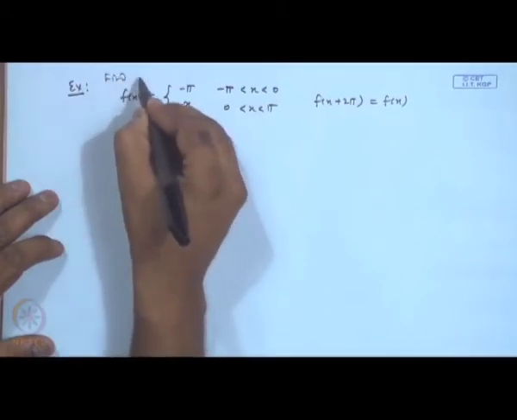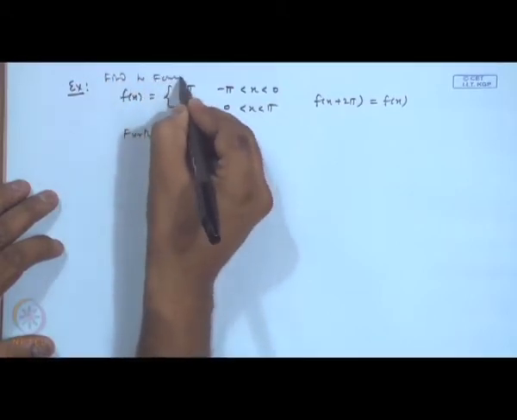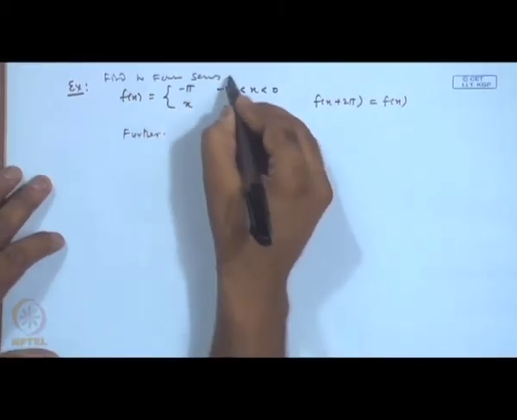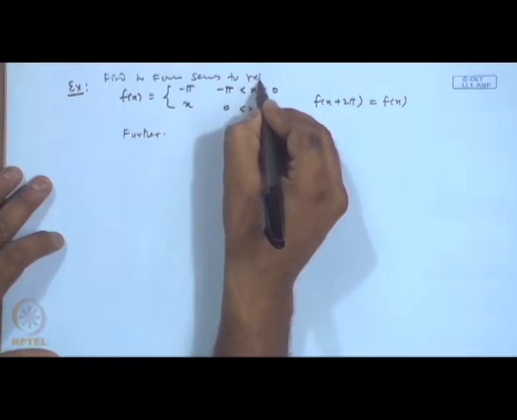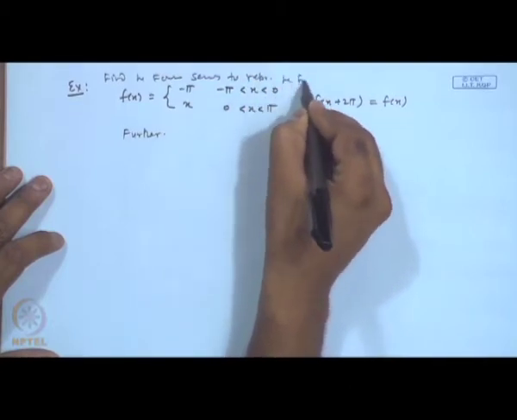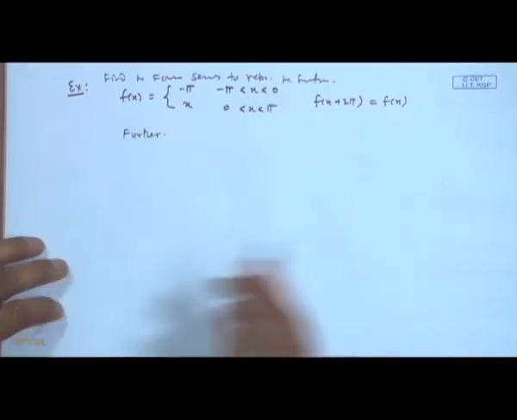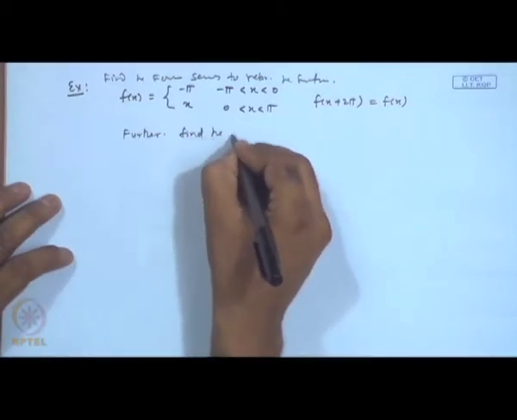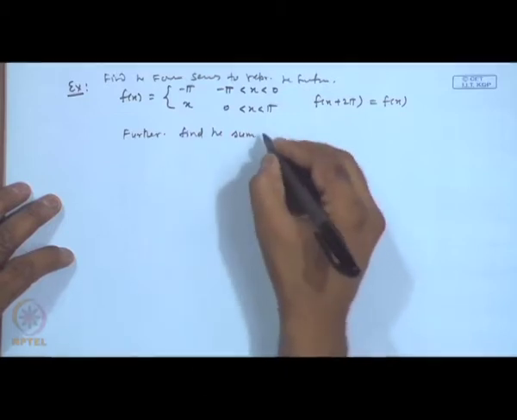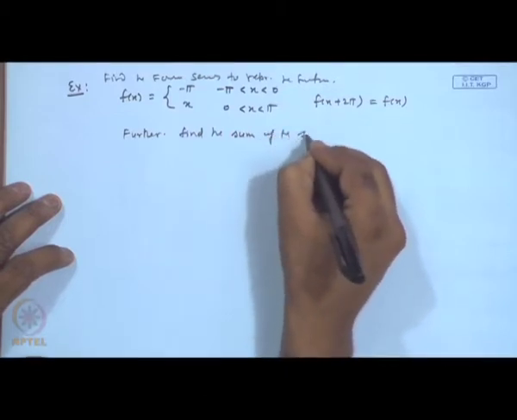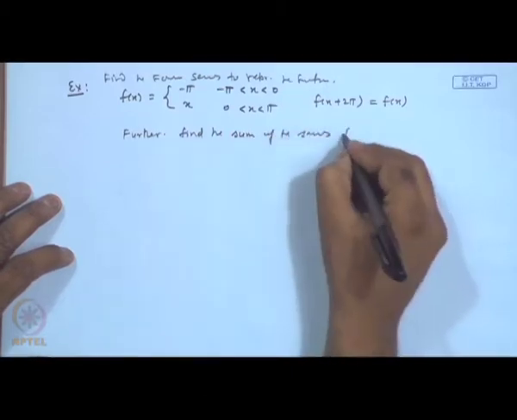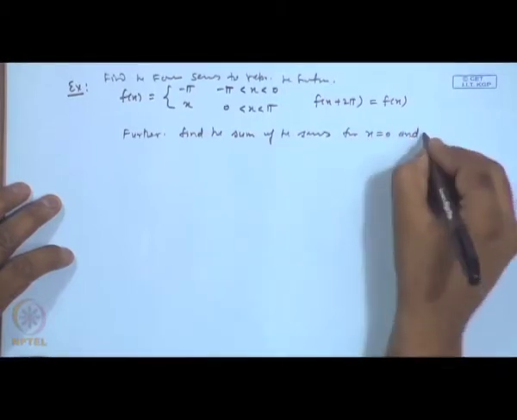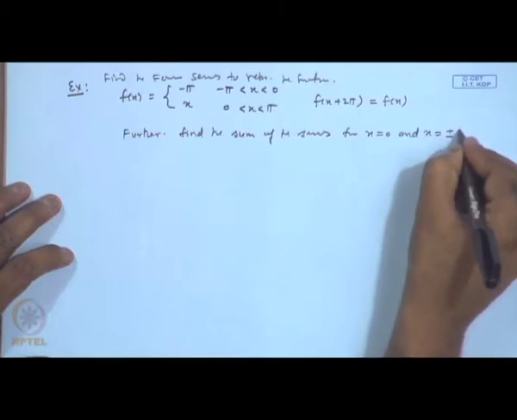Find the Fourier series to represent the function defined by this, and further find the sum of the series for x equal to 0 and x equal to plus minus pi.